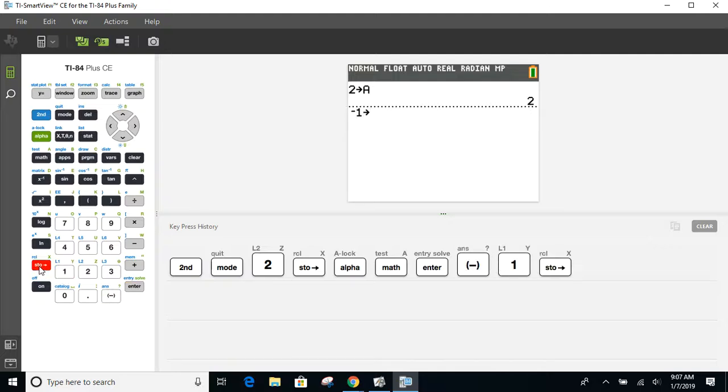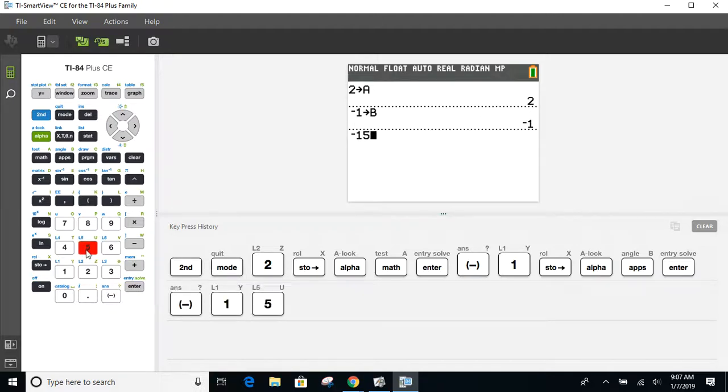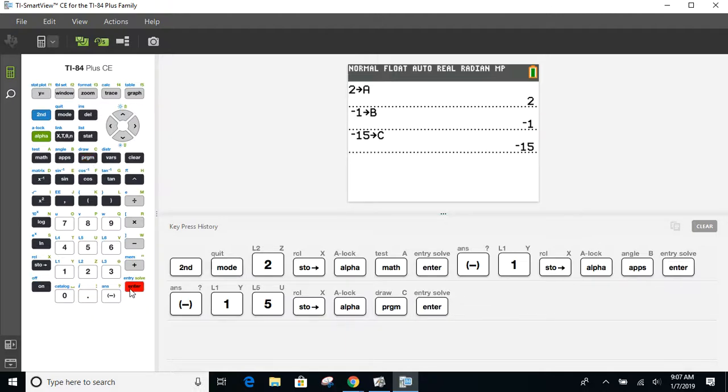Store that in for B, right above the apps button. And then what's my C value? -15. Store in for C. Trouble locating these buttons here.